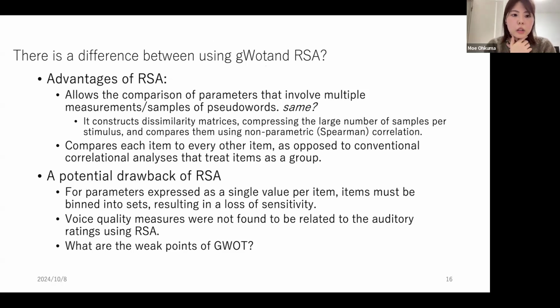So they said the advantage of RSA: RSA allows the comparison of parameters that involve multiple measurement samples of pseudowords. Is that the same between GWOT and RSA?